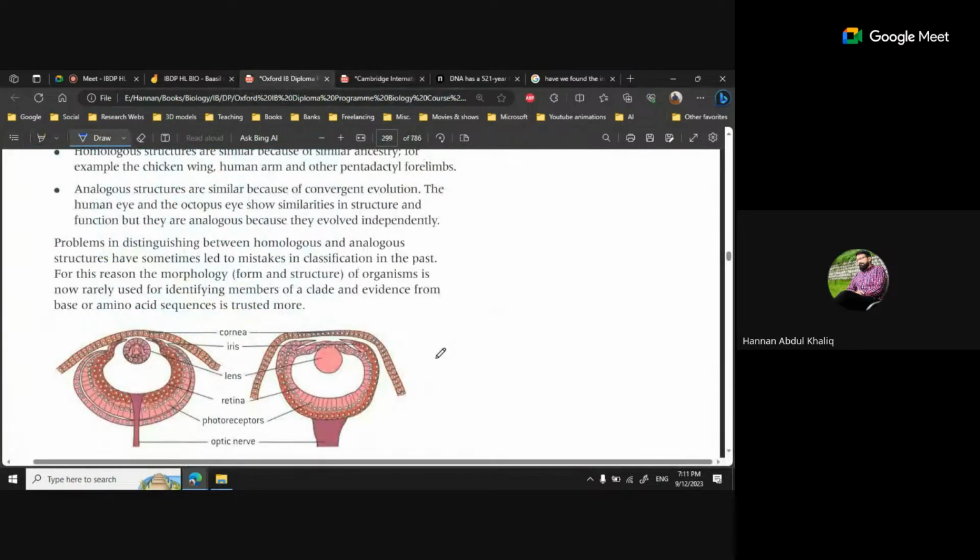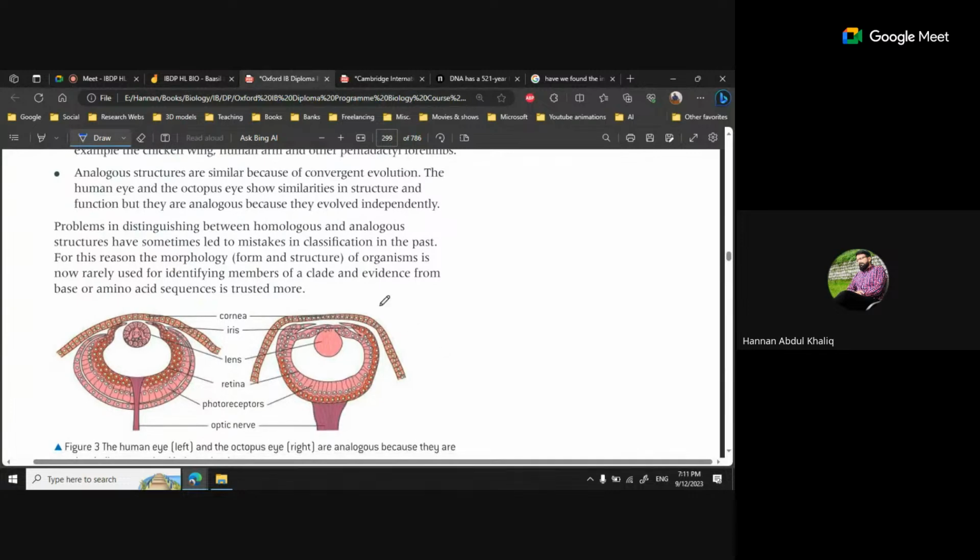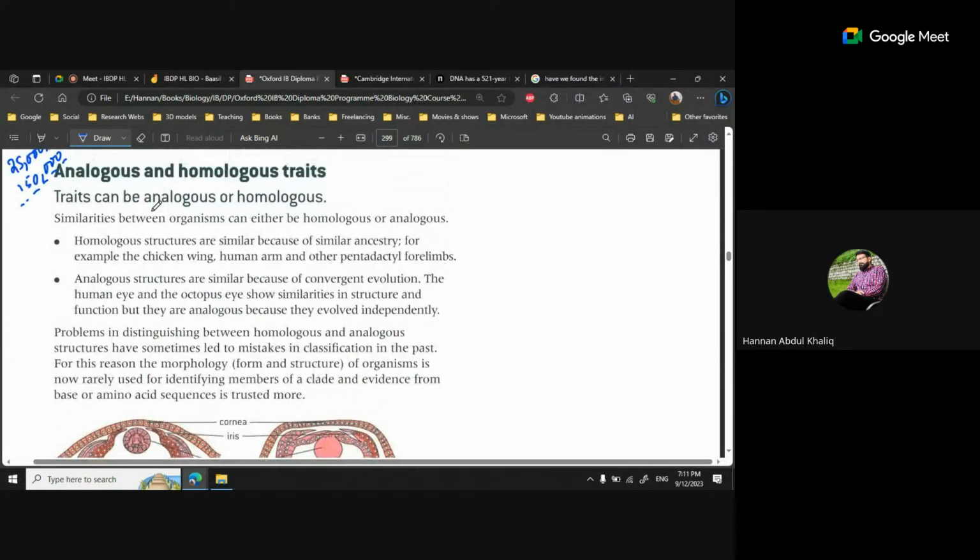Now, getting to the homologous and analogous characteristics, we know that homologous are those which are different in functions, but their anatomy is similar because of the same ancestry.